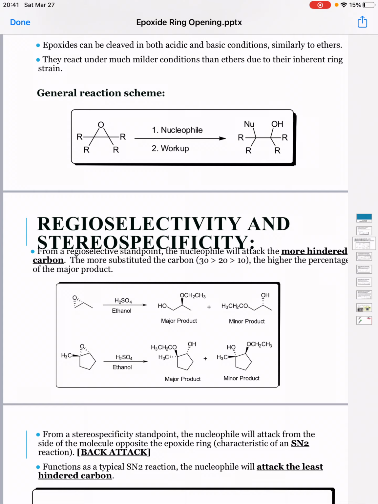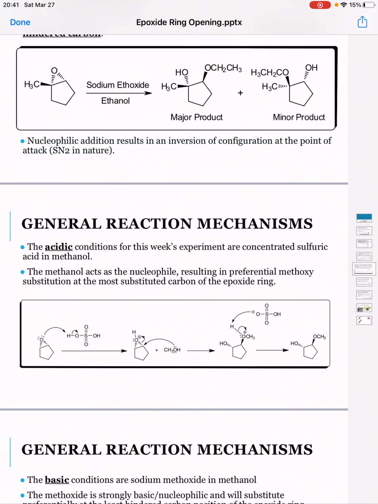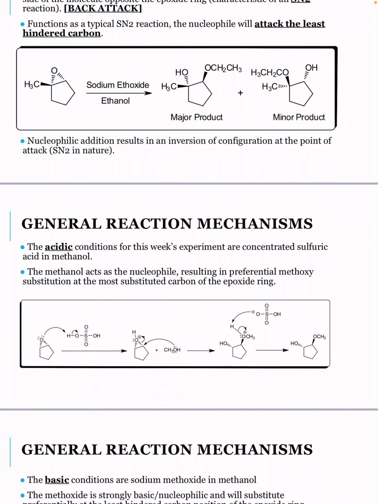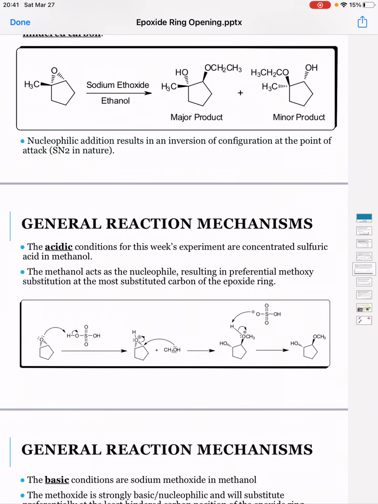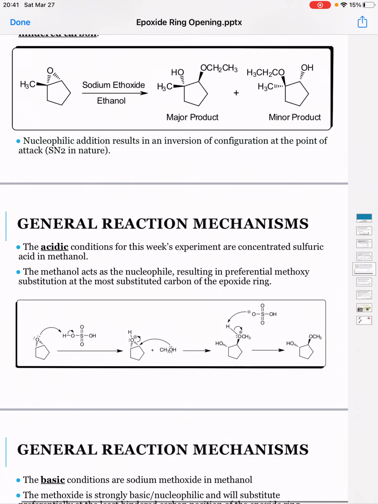This is kind of similar to an SN1 manner, because in the acidic condition the oxygen is protonated by sulfuric acid first, and then the more substituted side is attacked by methanol, the nucleophile. After opening the ring, the methanol is deprotonated, which gives you the final product, right?